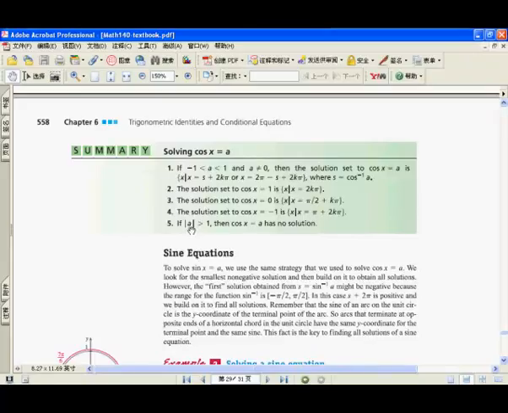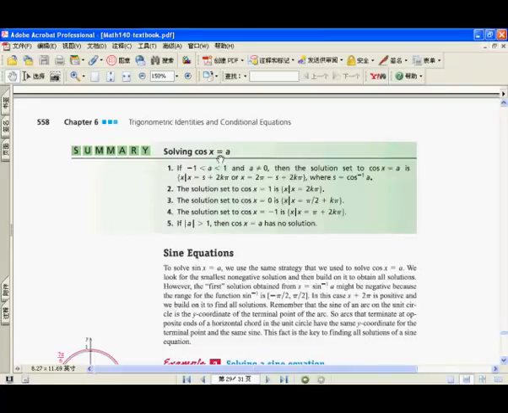And when the absolute value of a is greater than 1, there is no solution, because the range of cosine x is between -1 and 1. That means the absolute value of cosine x must be less than or equal to 1, and cannot be greater than 1. So if the absolute value of a is greater than 1, then cosine x equal to a has no solution. So this is the case of cosine x equal to a.